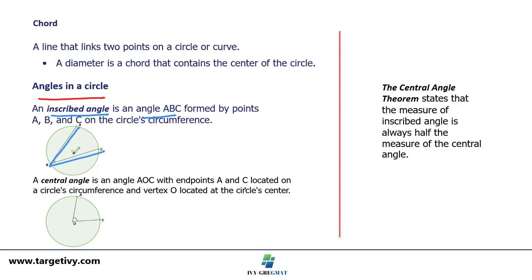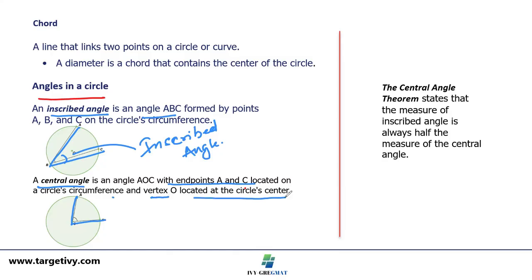This is called an inscribed angle. And there is something called a central angle, an angle with endpoints A and C located on the circumference and vertex O located in the circle center.